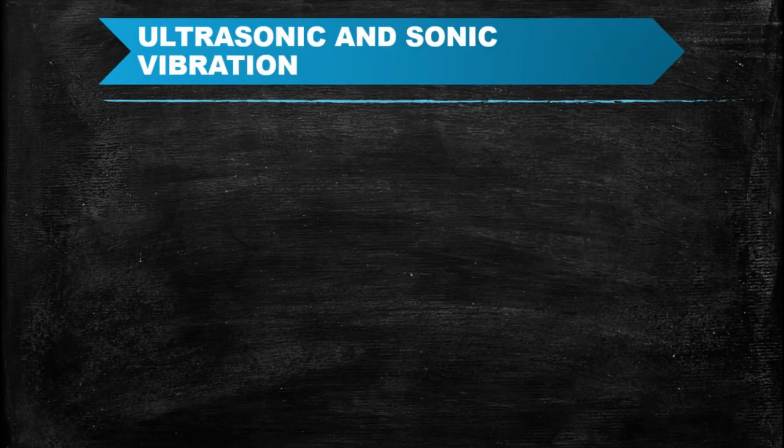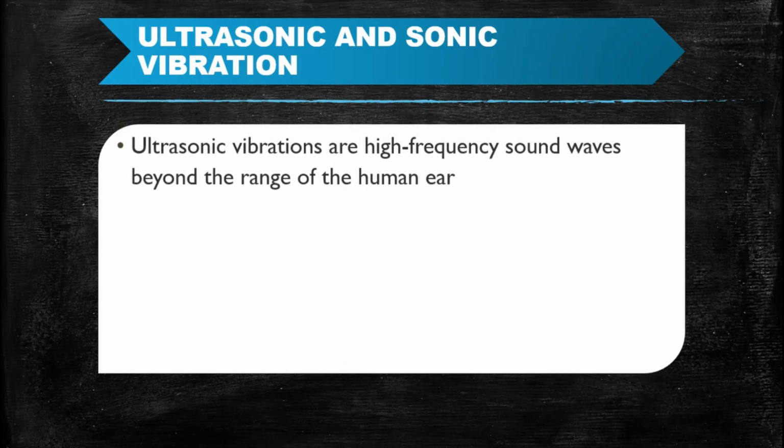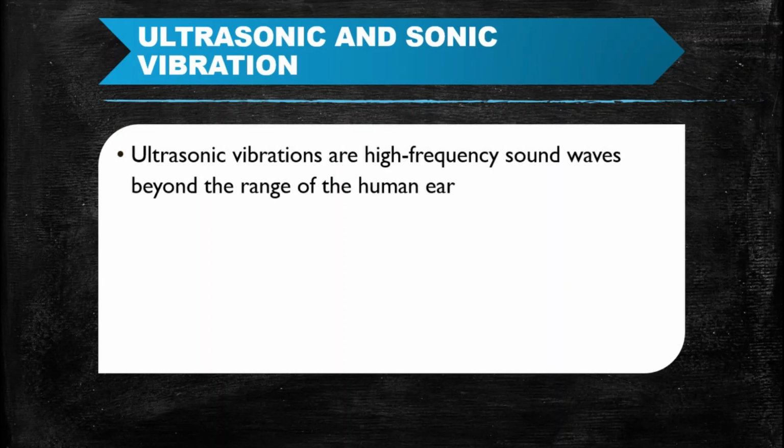In addition to sterilizing agents like ionizing and non-ionizing radiations, there are also ultrasonic and sonic vibrations. These ultrasonic vibrations are high frequency sound waves beyond the range of the human ear, and that's why we call them ultrasonic.